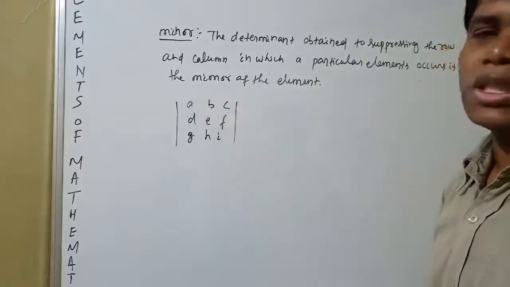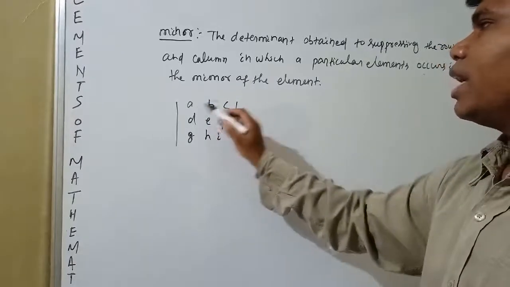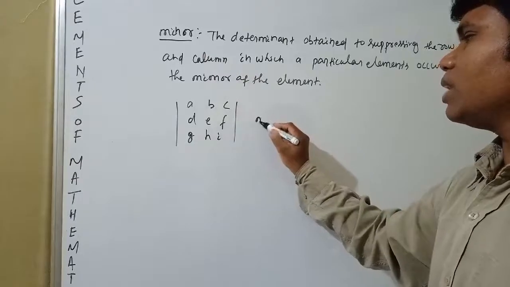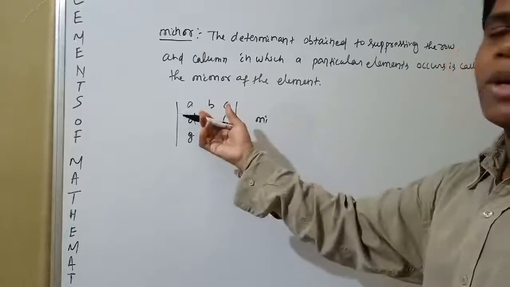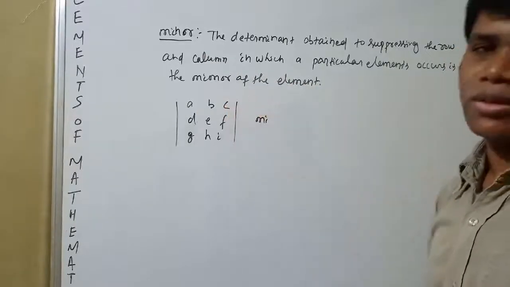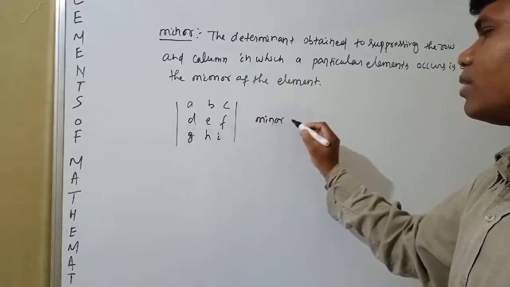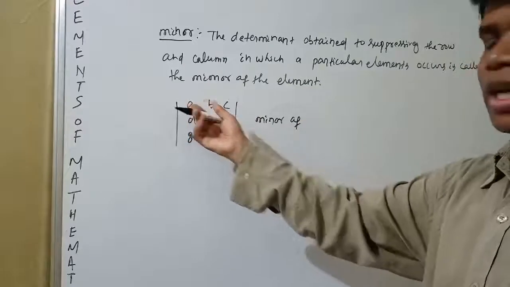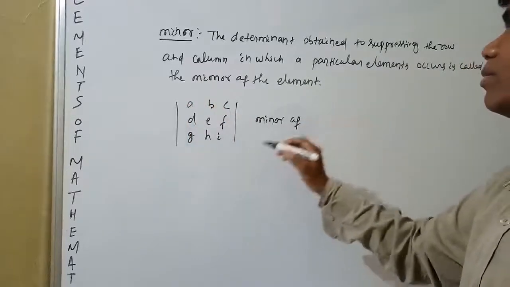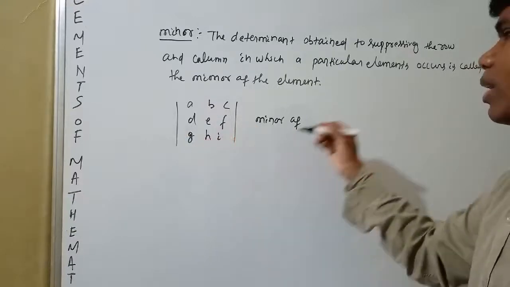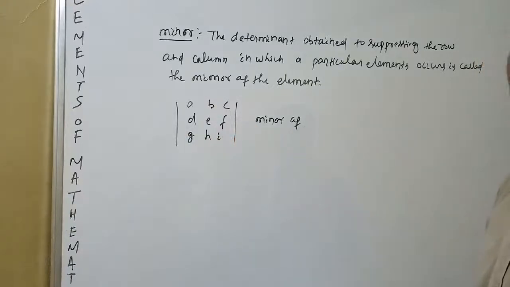So you see, this is A. Minor of A is equal to what? For each element there is a minor. Minor can be denoted by Mij.